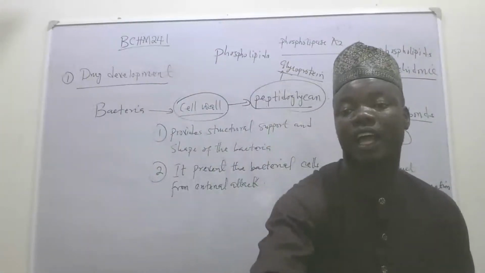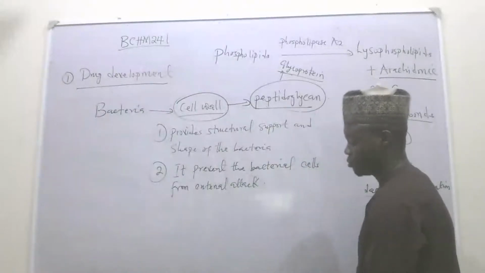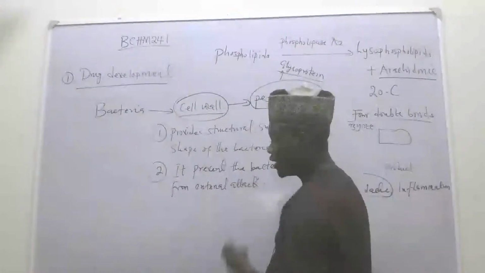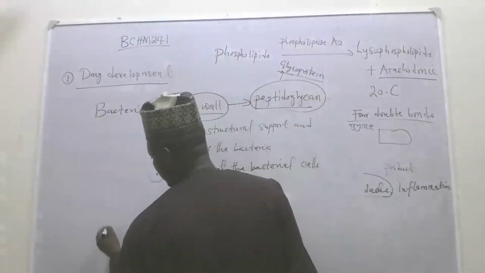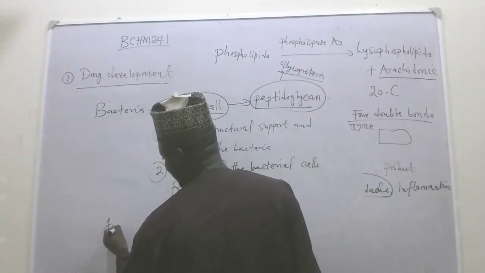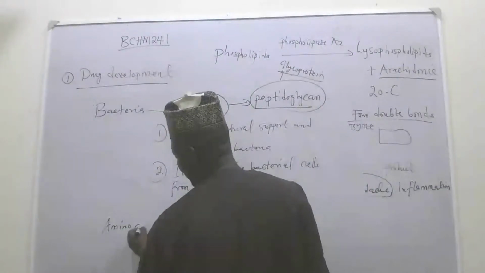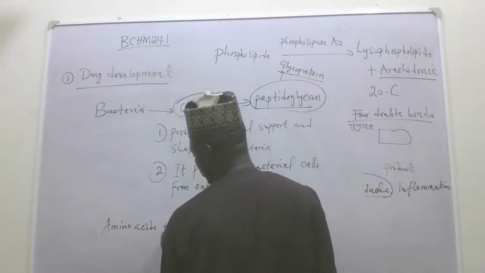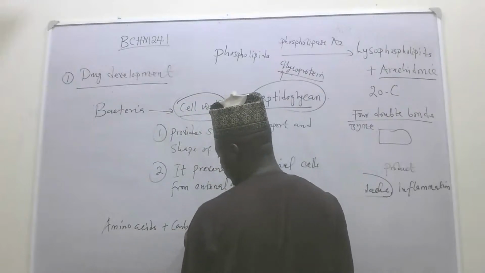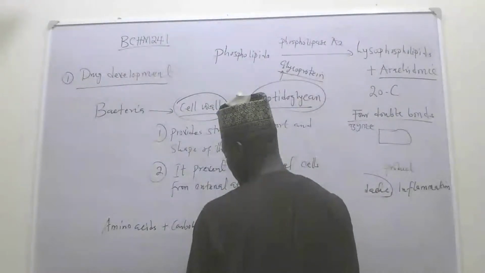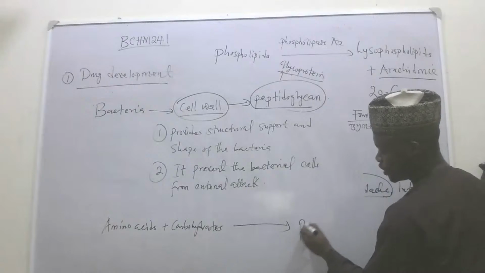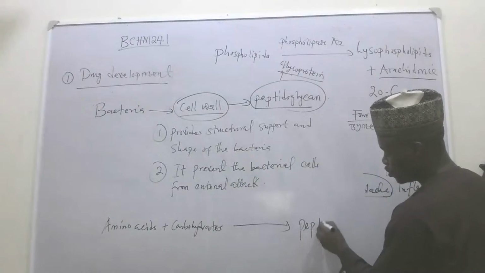So now, how do we produce this peptidoglycan? One step of the peptidoglycan pathway is where amino acids and some carbohydrates join together to produce what we call the peptidoglycan layer.